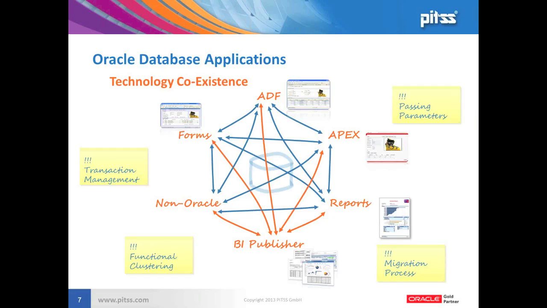So we have on this page a sort of coexistence matrix where all technologies can communicate with all the others. We will take care in this webinar of the communication between BI Publisher and the rest of the system. Here, where you have these orange lines.